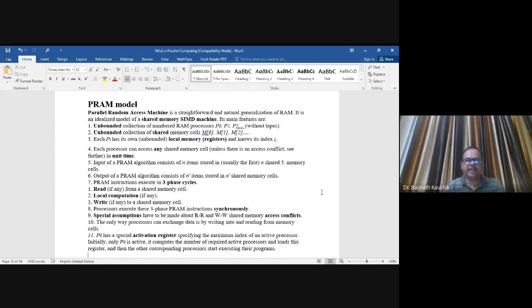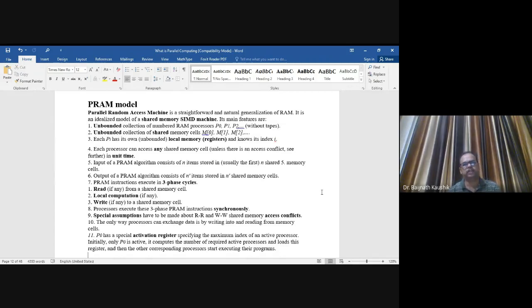And the second feature is that it consists of an unbounded collection of shared memory cells. As we have already discussed, the parallel random access machine uses a shared global memory, which is shared by all the processors that concurrently use the same shared global memory.